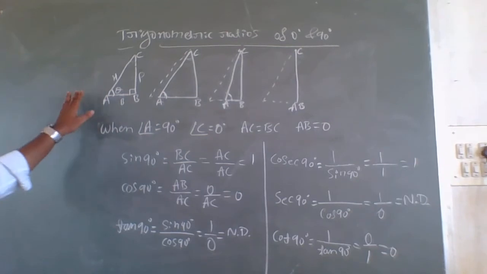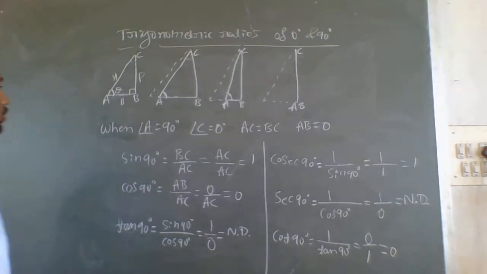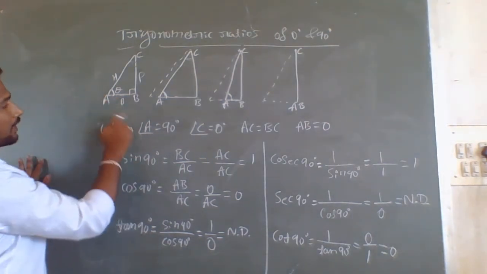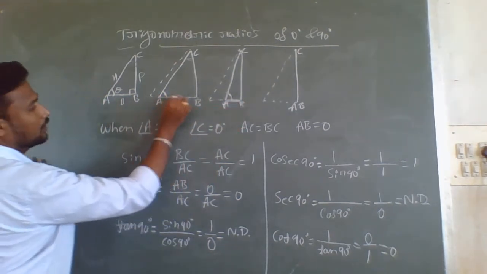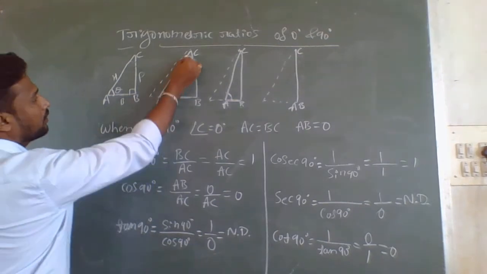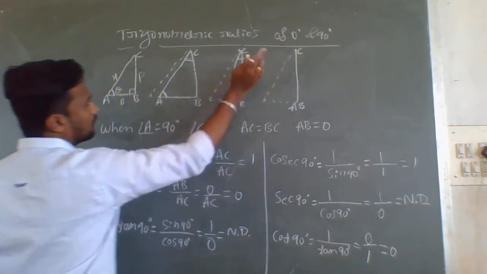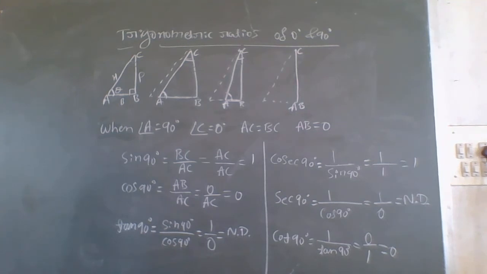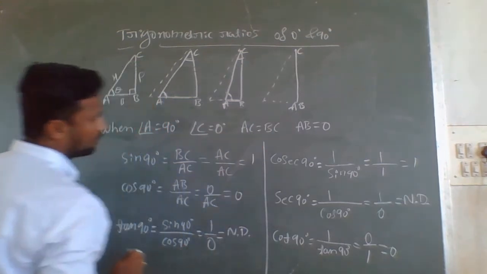Now listen carefully to what we are doing here. We are taking trigonometric ratios with respect to 90 degree here, so we are increasing this angle A until it becomes 90 degree. When we increase this angle A, you can check here, this length of AB is decreasing, and you can see this angle C is also decreasing as we are increasing this angle A. So when finally this angle A becomes 90 degree, what happens?